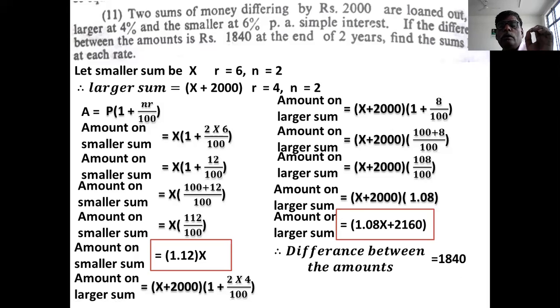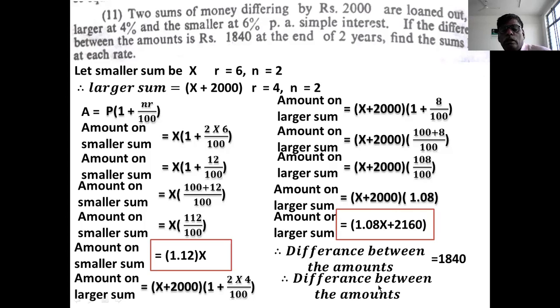If you simplify this statement, you will get the required answer. Okay, so you see the next stage. The difference between the amounts is 1840. This is repeated. Now you see here.